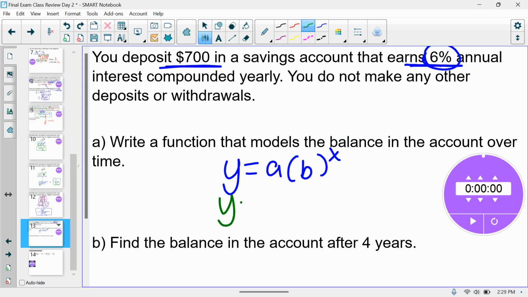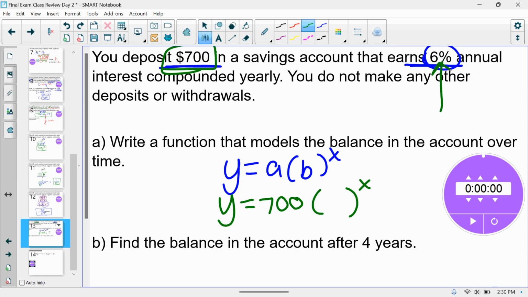So our a value, remember, is the starting amount. It'd be the y-intercept if we made a graph. The b value, remember guys, you're not going to straight up use this number. You have to either add that number to 100% first or take it away from 100%, depending on whether this is a situation where something is growing or decreasing.